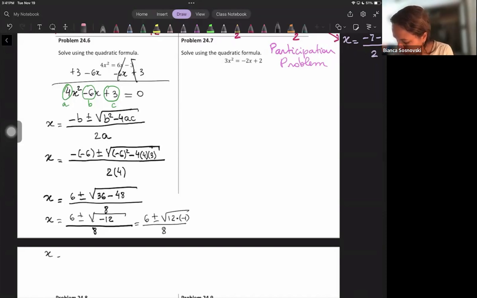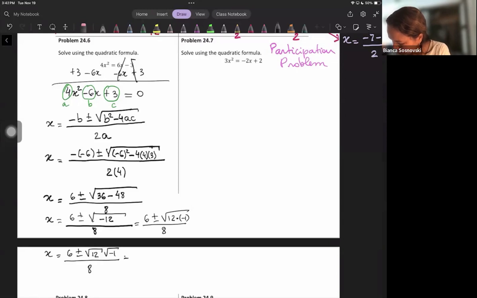Because of that, we can split the radical. So we have the square root of 12 times the square root of negative 1. And we can simplify the square root of 12 because 12 is 4 times 3. The perfect square 4 will completely simplify. And the square root of negative 1 is i.